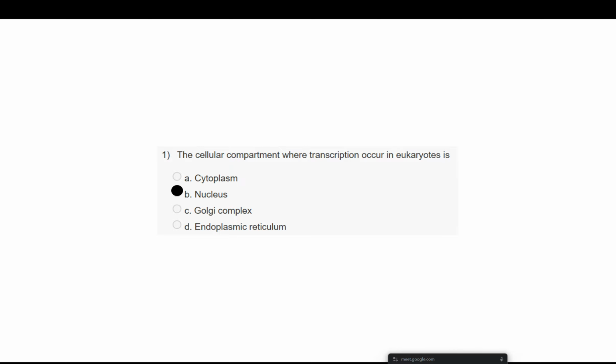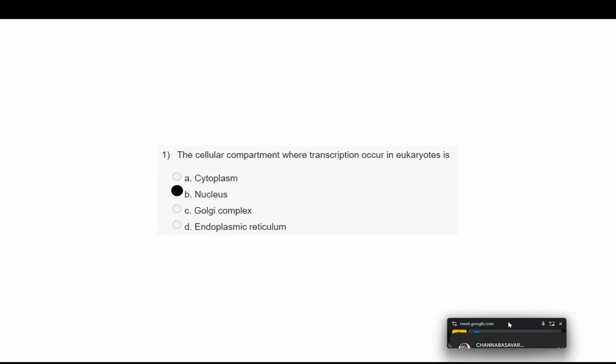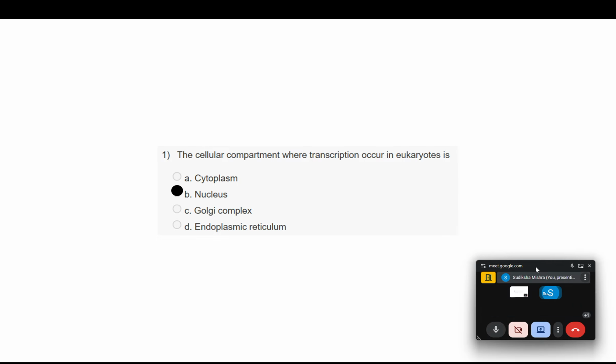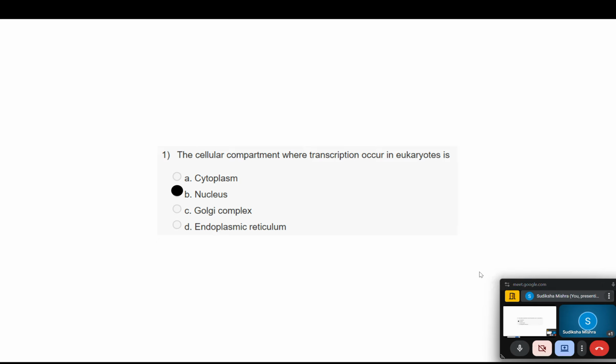No, it's B. Transcription will happen within the nucleus. Translation will happen in the cytoplasm, and there will be post processing, after which the translated products can go wherever they want.